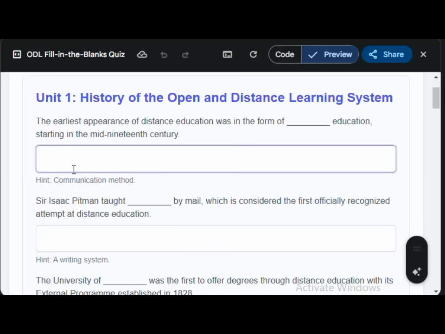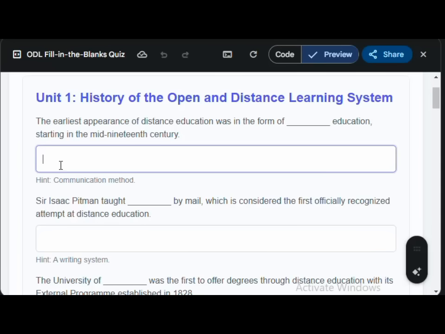To those who have been reading, you remember that the answer to this filling the space is known as what? The correspondence education.